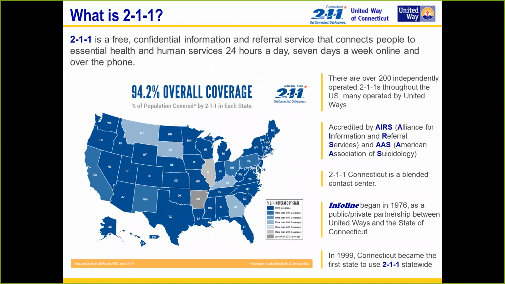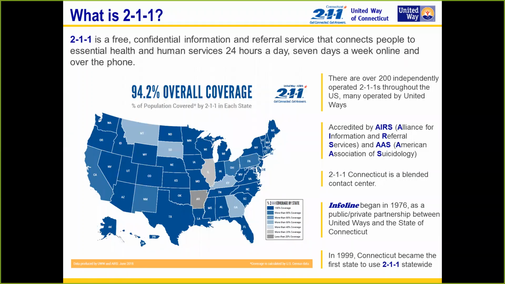So there are over 200 independently operated 211s across the country right now, and many of them, like ours, are operated by and are funded by United Ways. Also, many, again like ours, are blended call centers, meaning that we handle both information and referral calls, as well as crisis intervention and suicide prevention calls.